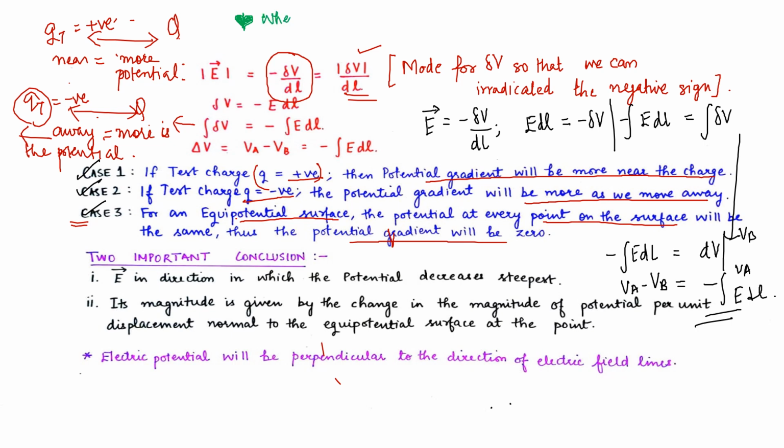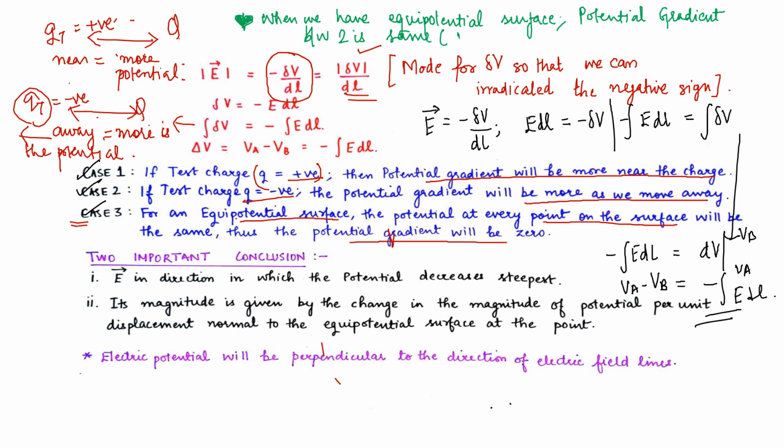When we have equipotential surfaces, the potential gradient between two is the same, not changing.